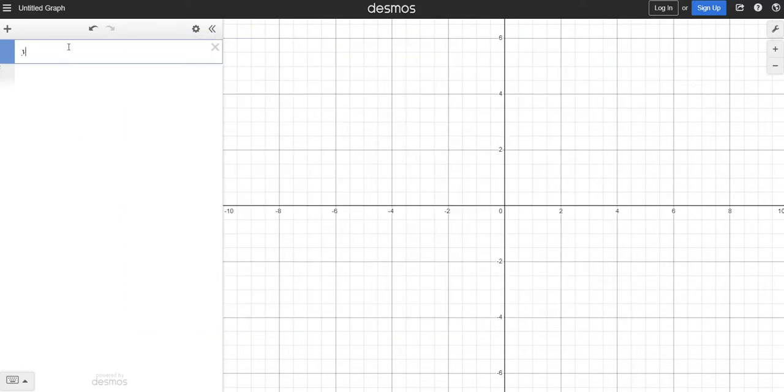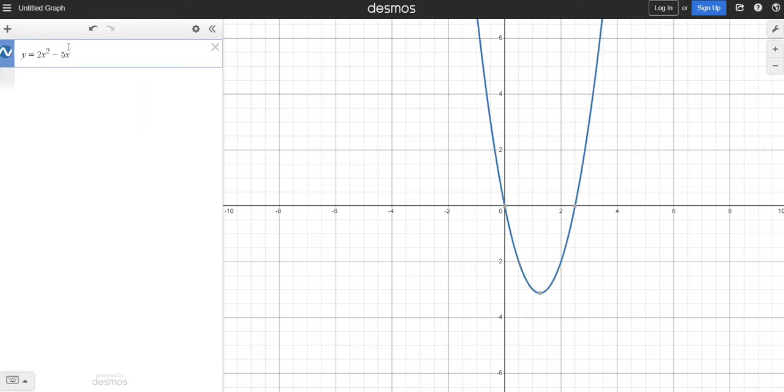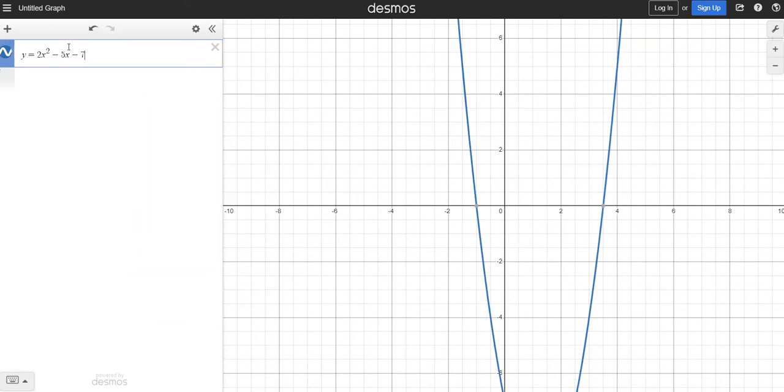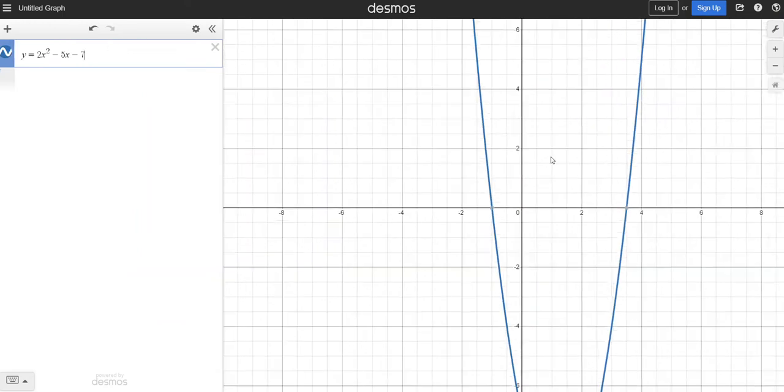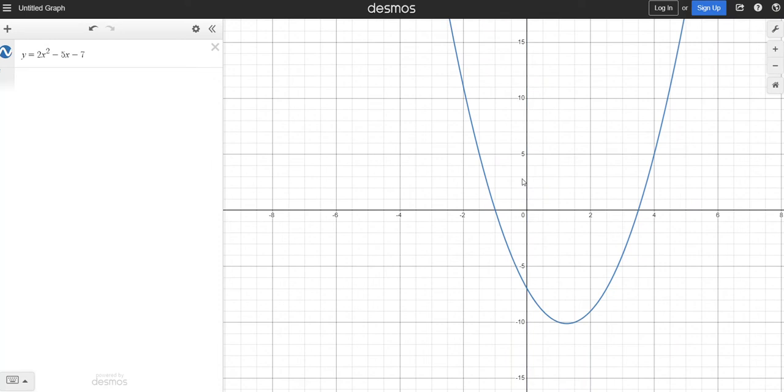So I'm going to graph y equals 2x squared minus 5x minus 7. And if I want to see the whole parabola, I can adjust my axis just a little bit. There it is. And I can see that the zeros of that function, based on the x-intercepts, would be at -1 and 3.5.